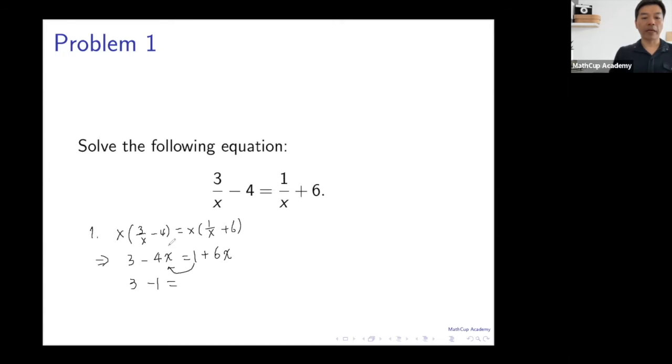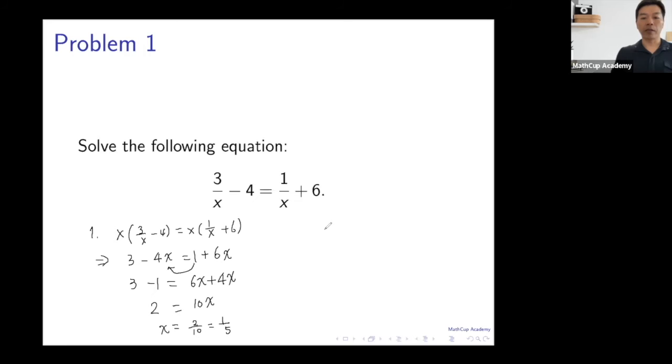And then move the minus 4x to the other side, it's going to be 6x plus 4x. Of course, we're just adding 4x to both sides of the equation. So this leads to 2 equals 10x, and x equals 2 over 10, or 1 over 5. So that's one approach to this problem.